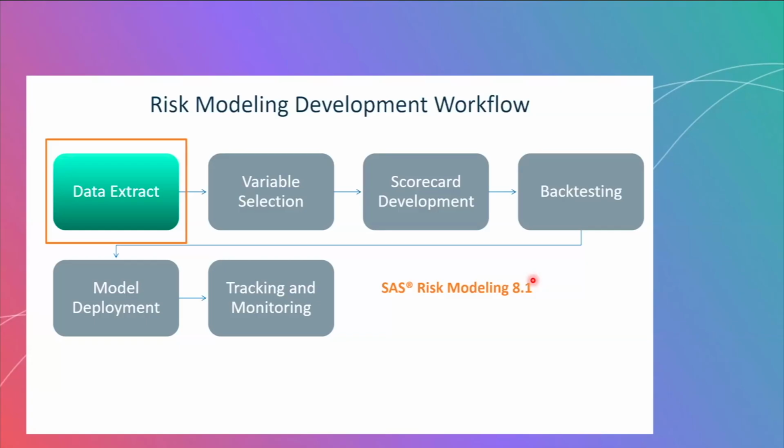So filtering the data, filtering based on time also, so let's say only the last 1 year or last 2 years of data. Applying certain data cleansing rules. All of that goes into the data extraction part, correct? And finally, as I said earlier, the end result would be the analytical base tables.